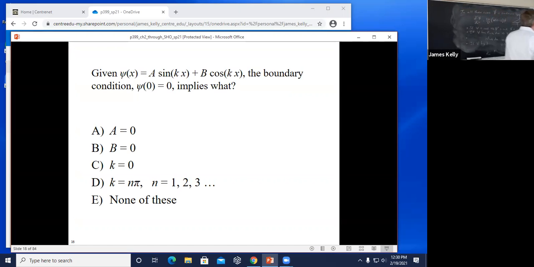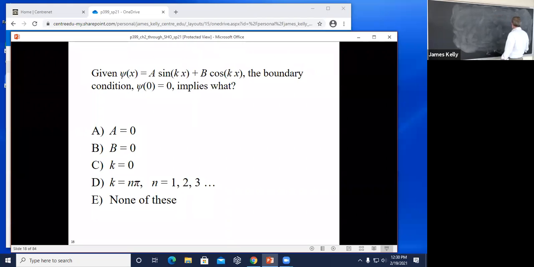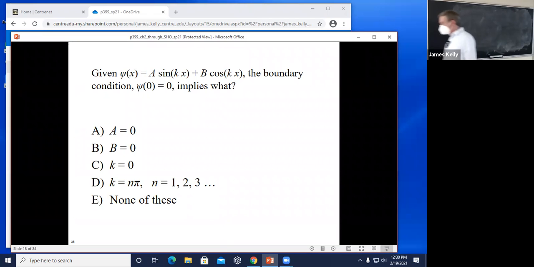Okay, so what I'm going to do is apply the fact that at x equals 0, the function itself has to be continuous. Maybe I should draw a cartoon here.